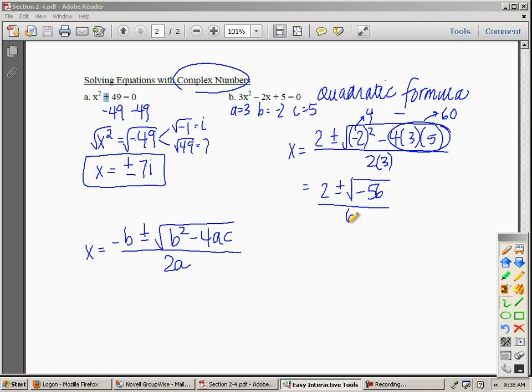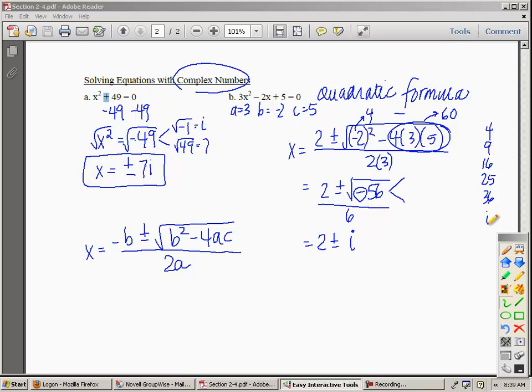Okay, we've got to do a little bit of work then. We're going to break apart 56. I know no matter what, I'm going to have an i because of this negative underneath the square root. It's 56 i then have to break apart. 56, you want to look for one of those perfect squares. So we're looking for 4, 9, 16, 25, 36, so on and so forth.